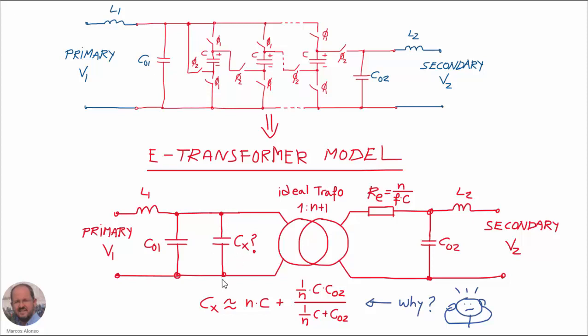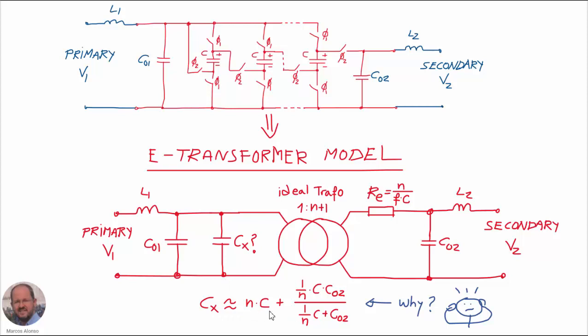CX is a capacitance that we have to place here in order to have the complete behavior of our circuit. And this capacitor can be calculated approximately with this expression here.